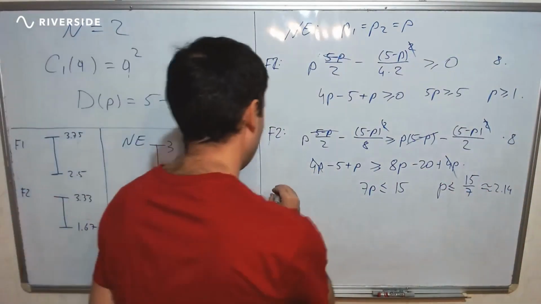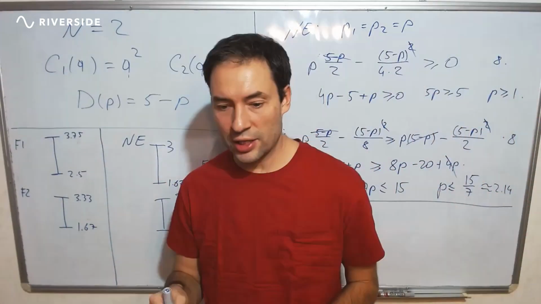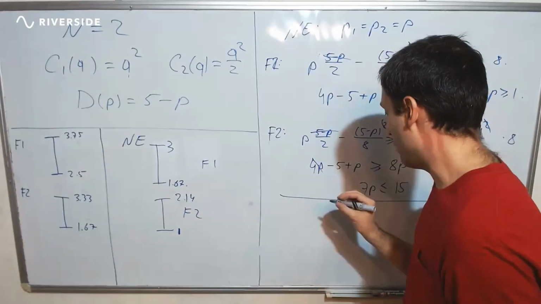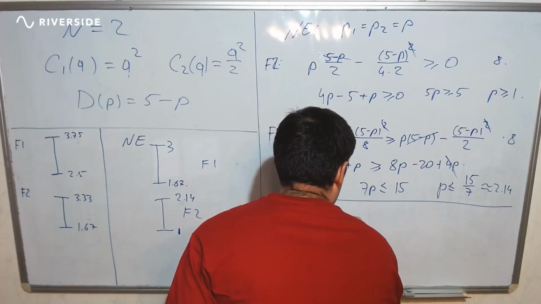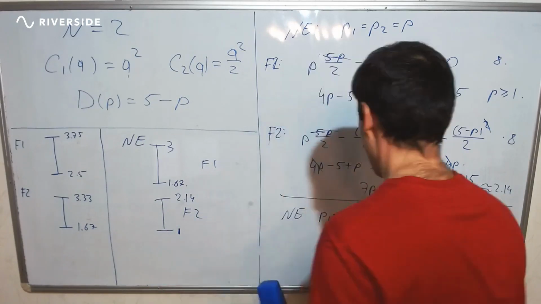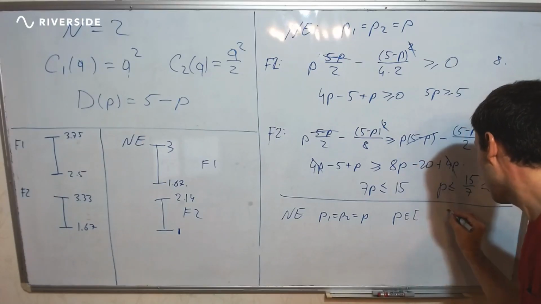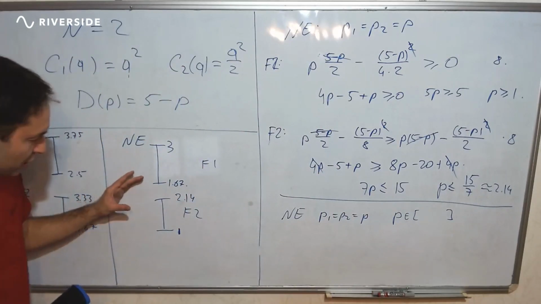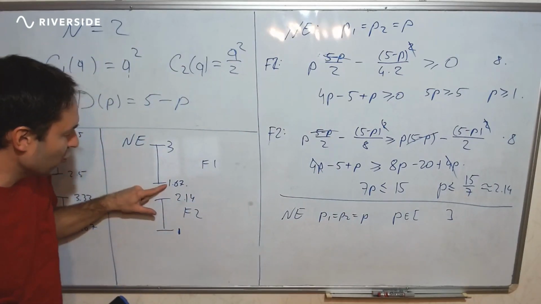Okay, so now we actually have all the numbers to describe the Nash equilibrium set. So for symmetric Nash equilibrium, where firms charge the same prices, so P1 equals P2 equals P, exist in this model as long as P belongs to the following range. So it has to be sustainable for both firms. It's sustainable for firm 1 above 1, sustainable for firm 2 above 1.67.